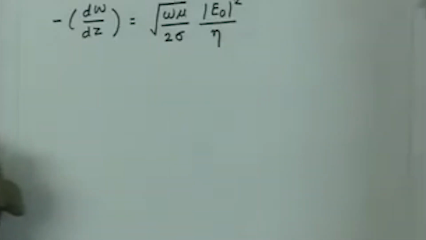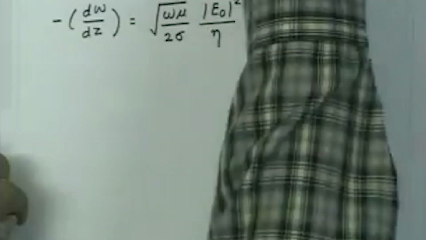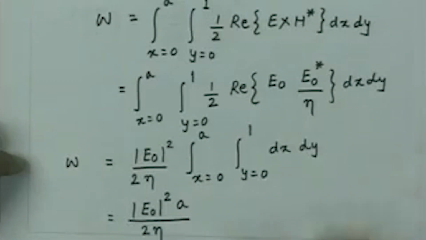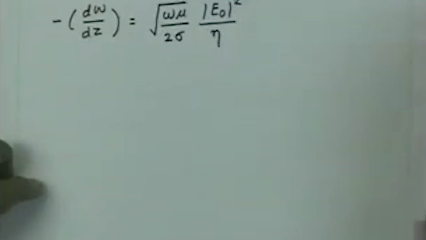So, I know both the quantities now which are needed for calculation of the attenuation constant. One is the total power carried by the waveguide, and the second one is the power loss per unit length of the waveguide.